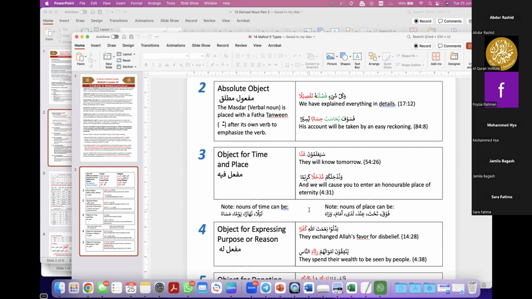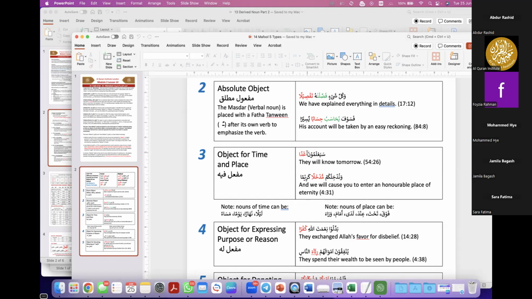Right. If I ask you a question, out of these five maf'ul, how do they look typically similar? What's the sign? Harakat wise.